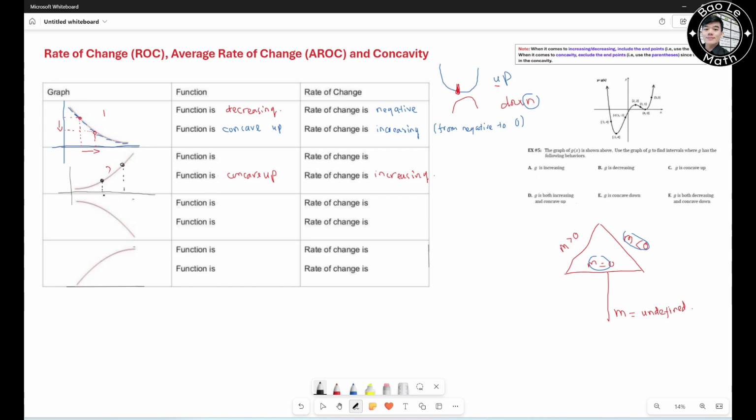So you see that x goes to the right, and then the y values go up. So the function is increasing because the y values are increasing. Now, if the function is increasing, the rate of change is positive.